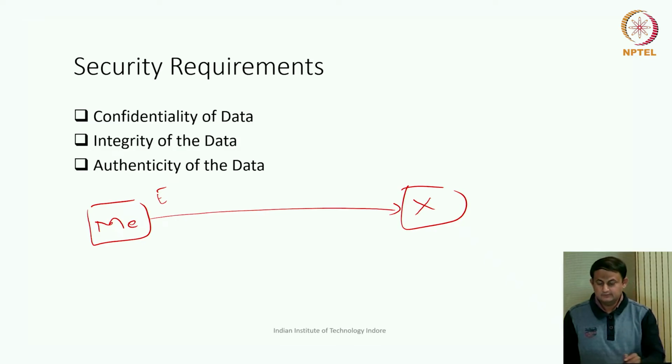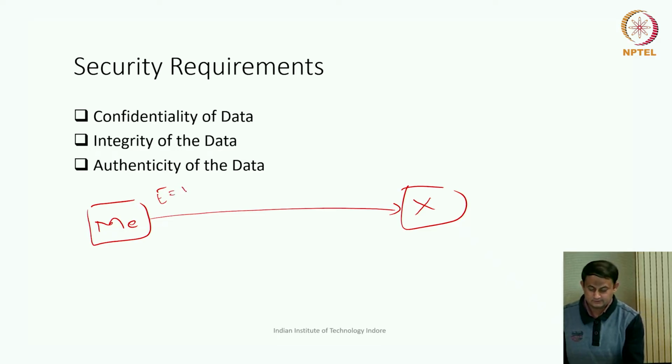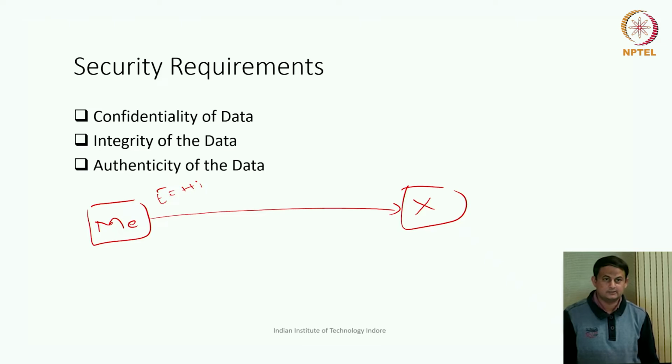So the first one, in general, the email security requirements are no different from security requirements for other applications. Those are confidentiality, integrity, and authenticity. So if I send an email containing the content hi, I am saying hi to X. Somebody who is sitting in the middle should not be able to read what I am sending to X. That's the confidentiality.